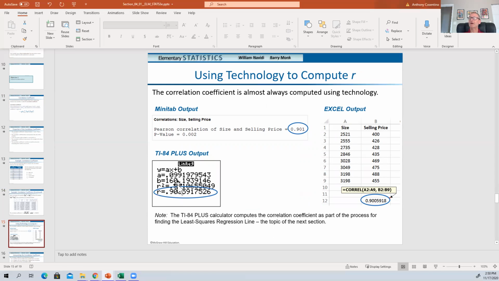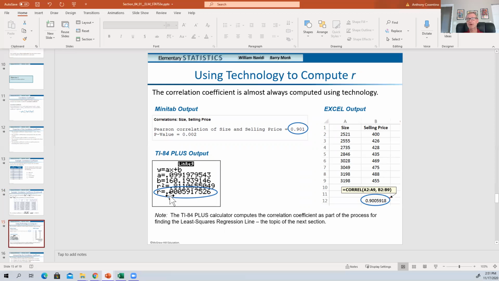We're going to talk about R first, and that is the correlation coefficient. You can see this one is 0.9. If the slope is positive, the correlation coefficient will be positive. If the slope is negative, the correlation coefficient will be negative. In this case, it's positive, so we have a positive R value as well. That's a very good R value.